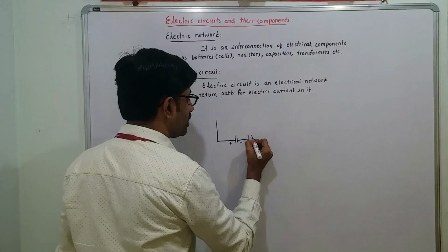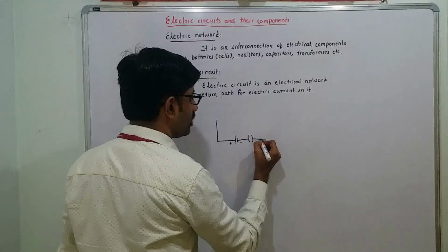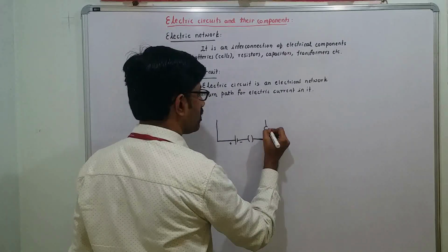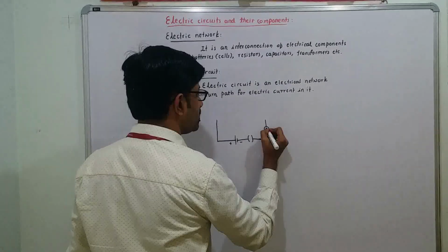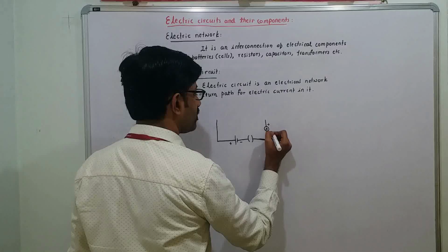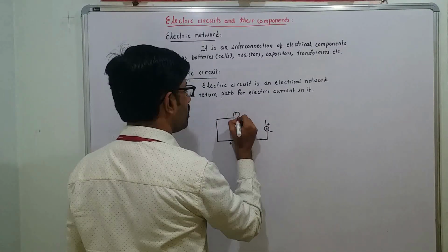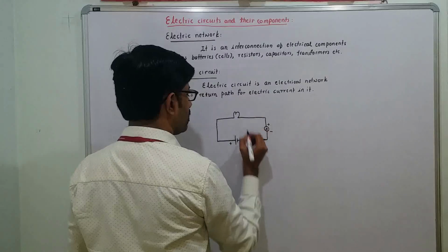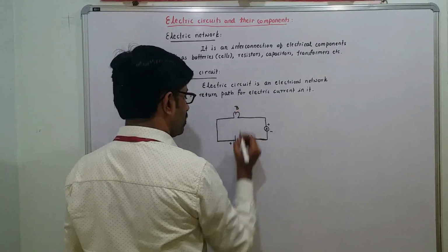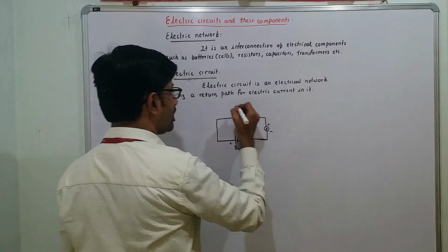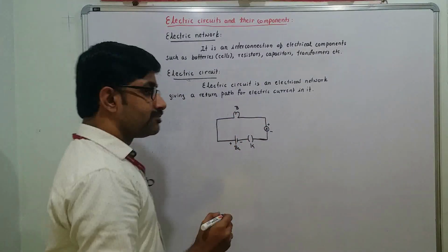This is plug key, open plug key we call it as. This is ammeter A, and this is bulb B. This is battery, this is plug key, this is ammeter, and this is bulb respectively.